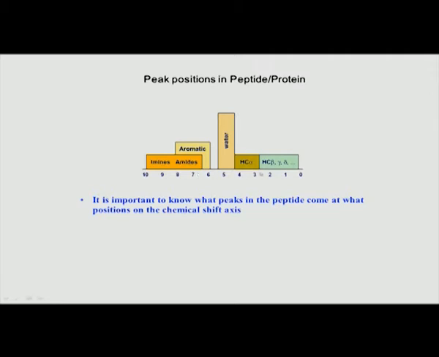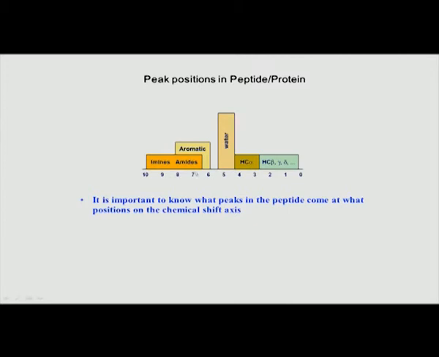Between 3 to 5 ppm you typically get peaks for the H alpha of all amino acids, and then comes the water. Typically a peptide is a biological molecule, and the same with protein, so we record those spectra in water or deuterium oxide, that is D2O. In that case the water comes at this position, around 5 ppm.